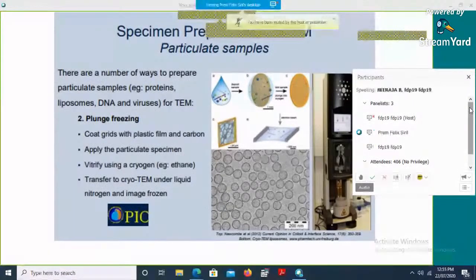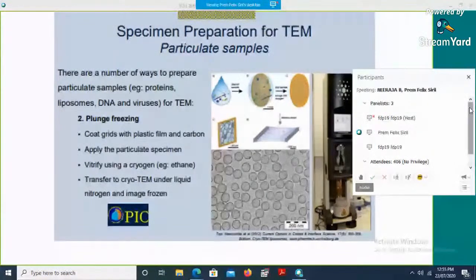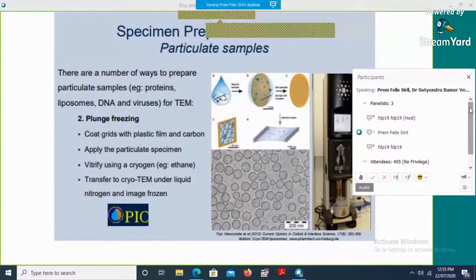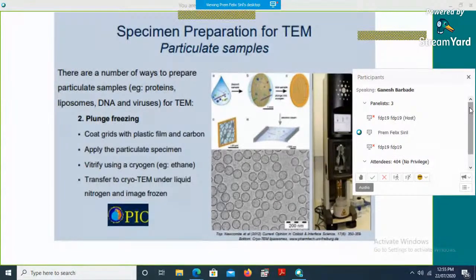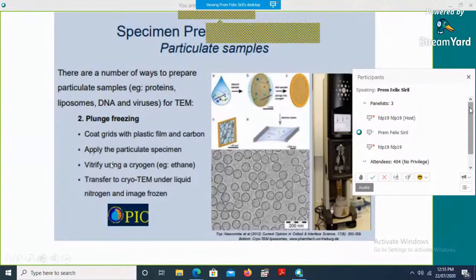Now, with the imaging of biology, unlike in SEM, you can't have stable pressure in TEM. So typically you need to do some bioprocessing.